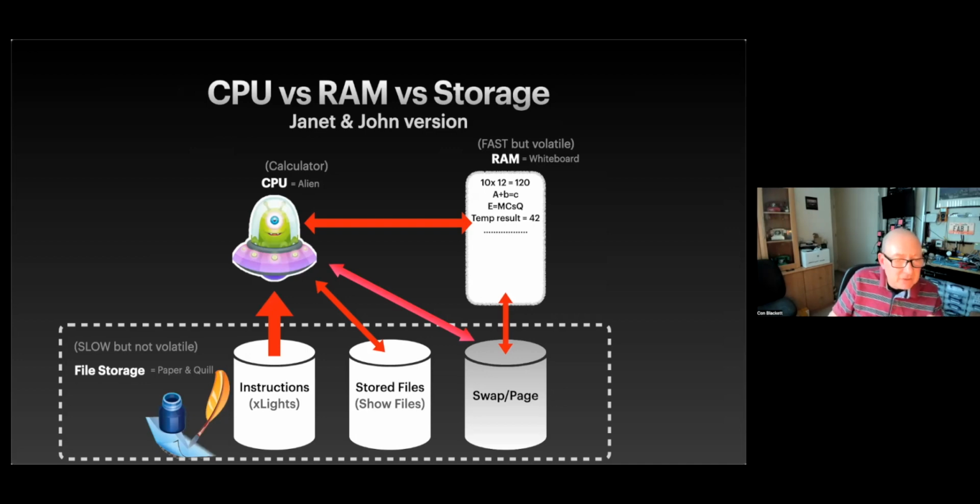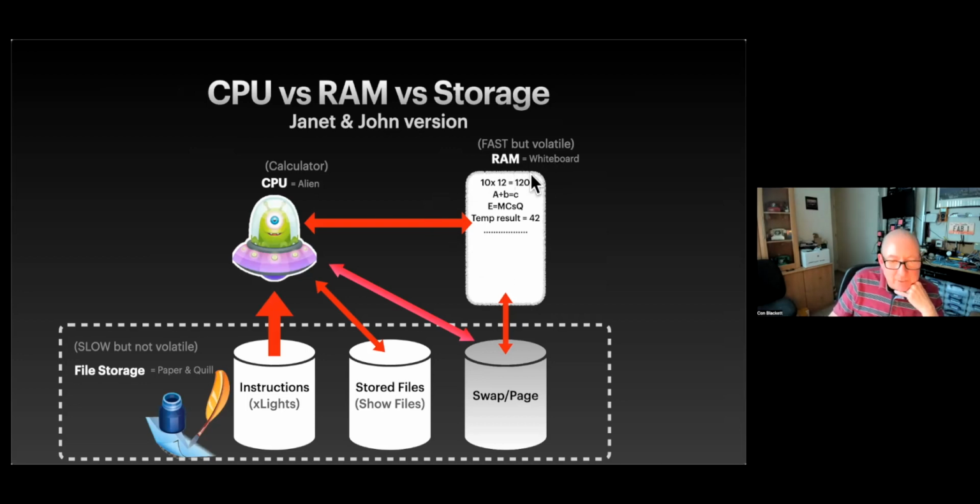So when it does its calculations, in my analogy here, it needs to use a whiteboard. When it's jotting down its calculations, working out what things are and where they're going, and storing that information, it uses a whiteboard.